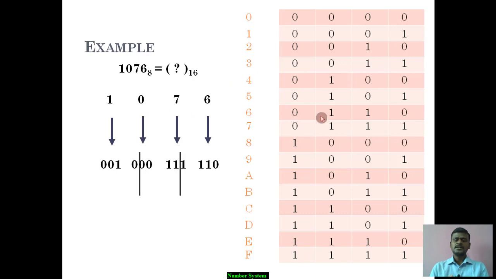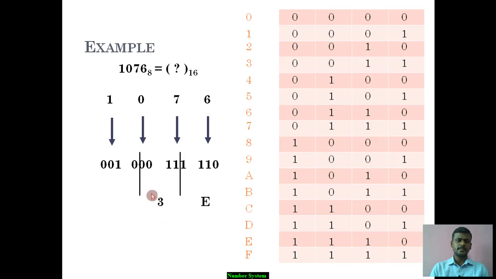If you remember this table, from it you can take the equivalent hexadecimal value. What is the value for 1110? The equivalent value is E. Next is 0011. Finding 0011 in this table, the equivalent hexadecimal value is 3.